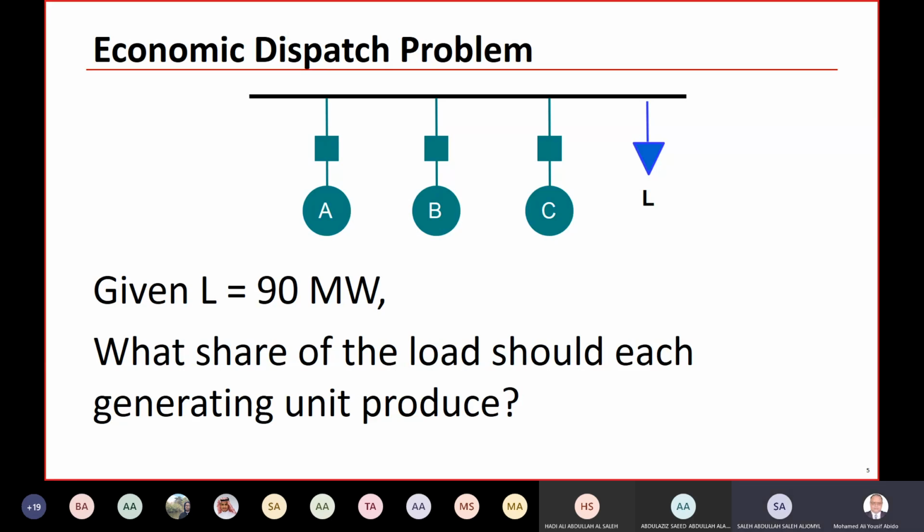You are talking about distance now. Whatever the nature of the load, leading, lagging, power factor, whatever the load is. Now you ask whether the distance between the load and generator affects the distribution.